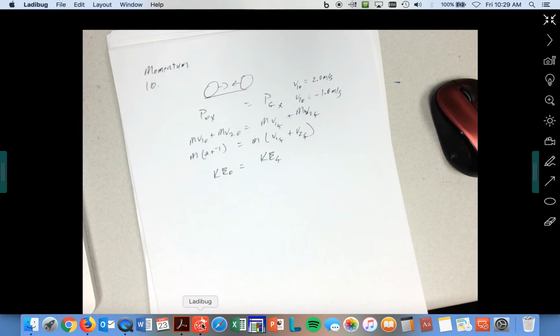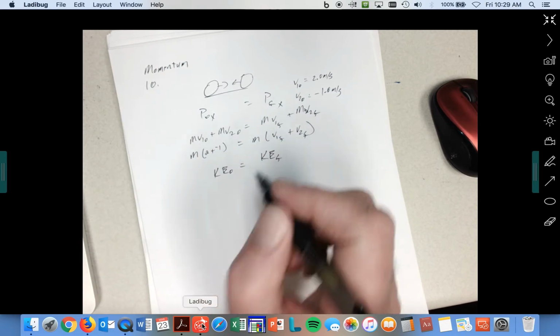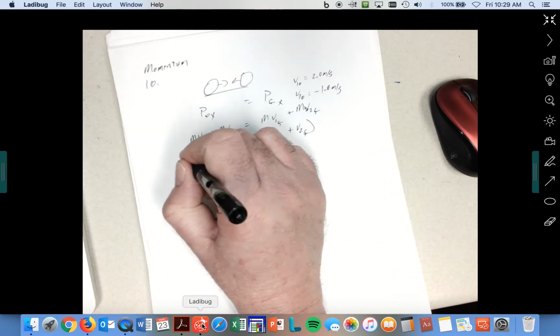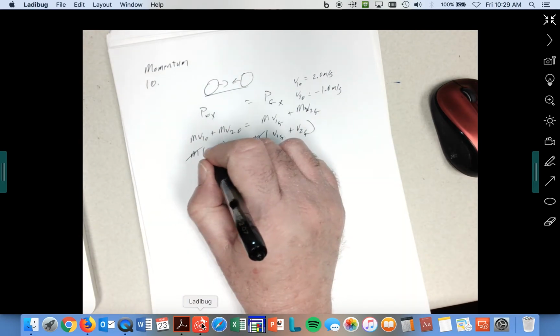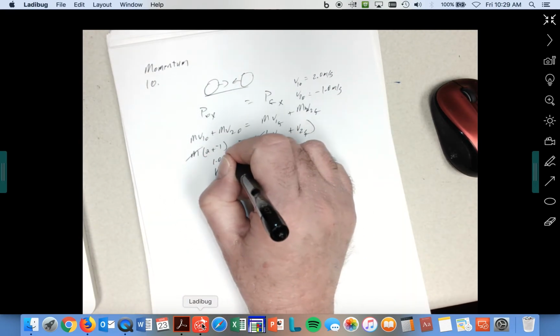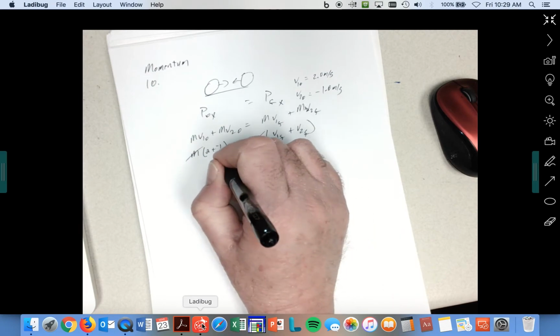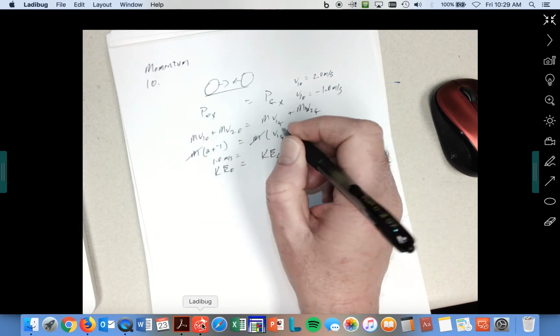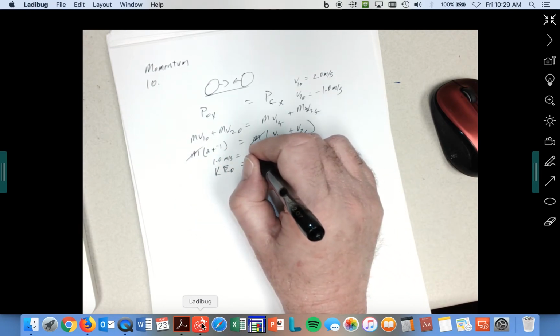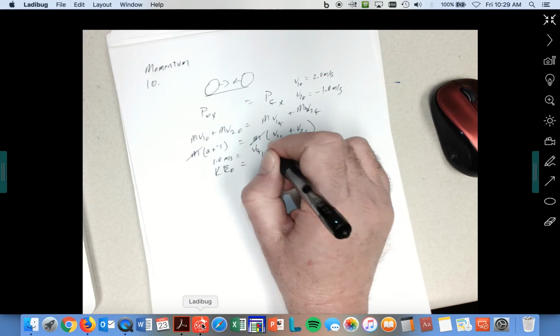And it says that they bounce and they both go in opposite directions. So what do I have here? Well, look what I can do. I can cancel the m's. And so I wind up with 1.0 meters per second is equal to v1 final plus v2 final.